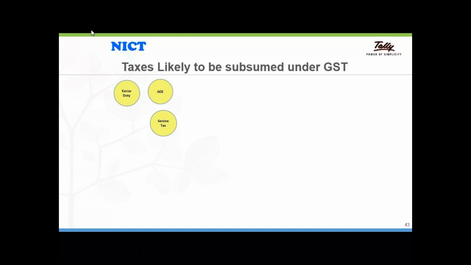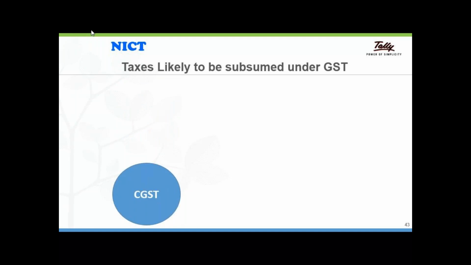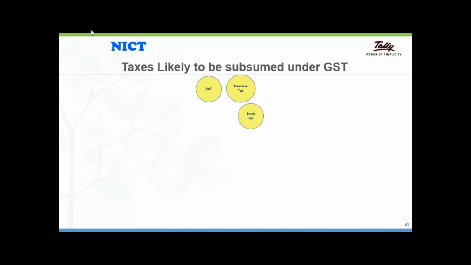So there were taxes like central tax, state tax. So those things merged into CGST. There were state taxes, VAT. They are under SGST, state GST.